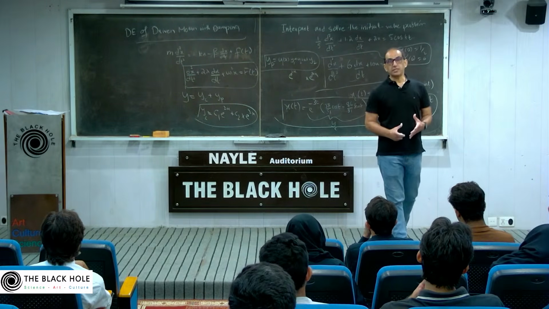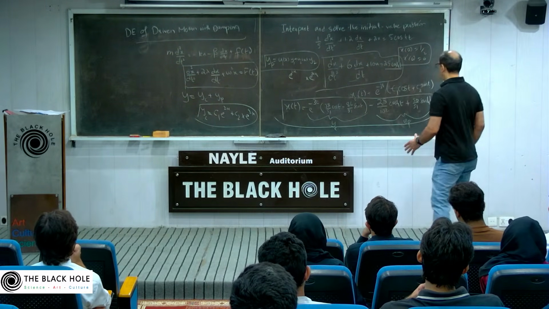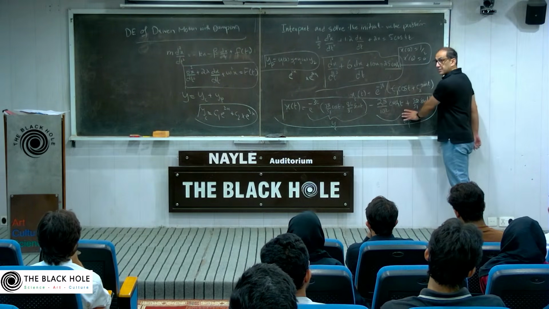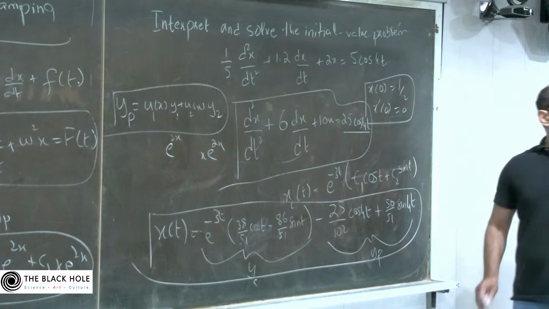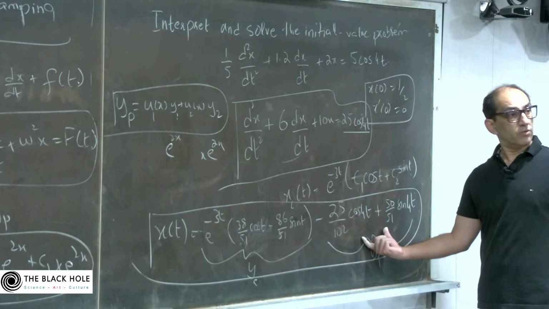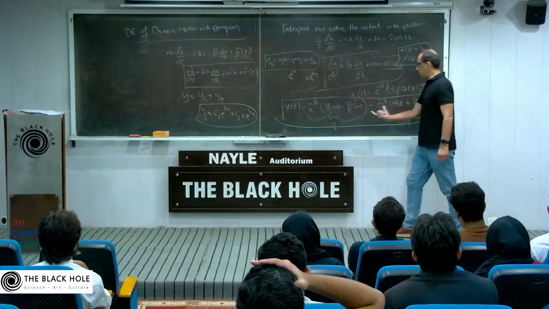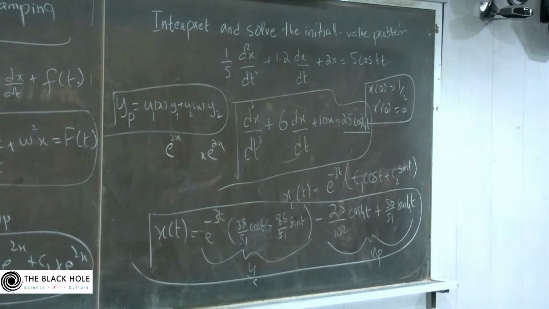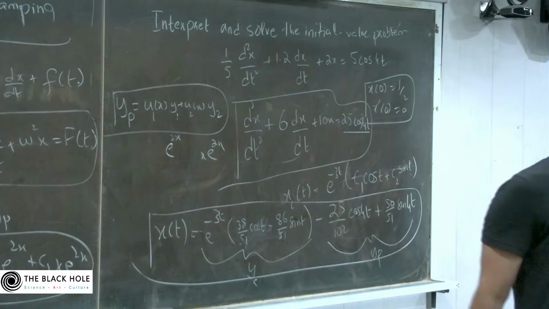So in mathematical terms, what we say is that this is a transient and this is the steady state. So the steady state solution over here would be due to the forcing term. And the natural, yeah, please. You have to ask. Please give him the mic, yeah.